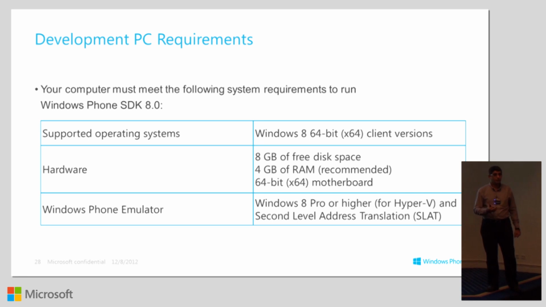My recommendation would be at least 8 because sometimes you need memory intensive applications. And then you need a 64-bit motherboard. Right? You also need Windows Pro or higher, because we are going to be running the emulator on Windows 8. And then you need a SLAT-enabled hardware.